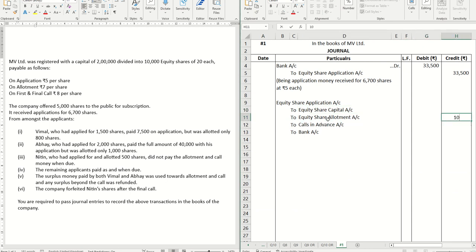This will be 10,500 as we saw there. Calls in advance are 8,000. To bank is 20,000. Equity share capital, since the company is issuing 5,000 shares and the face value for application is 5, so 25,000 is the amount here. If you add up all three, this is adding up to 63,500.